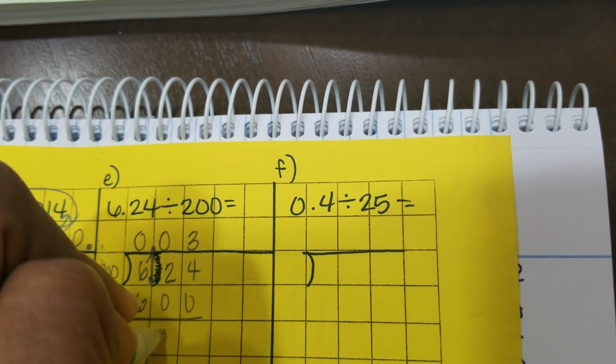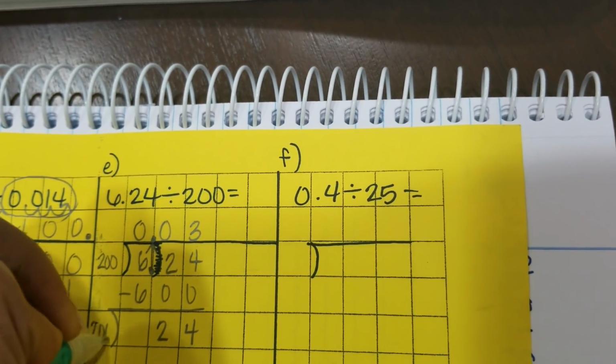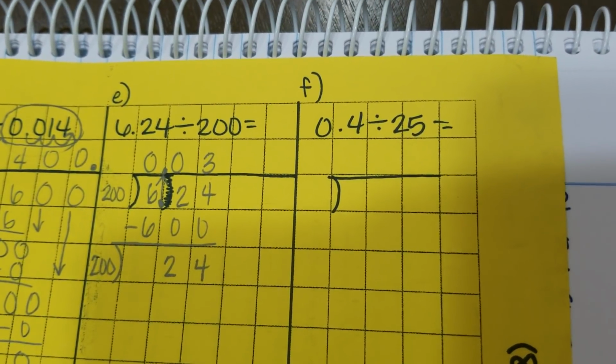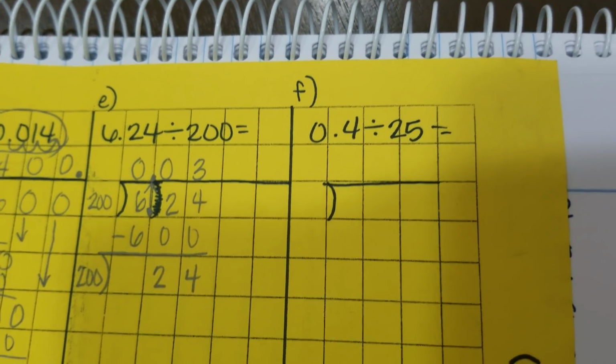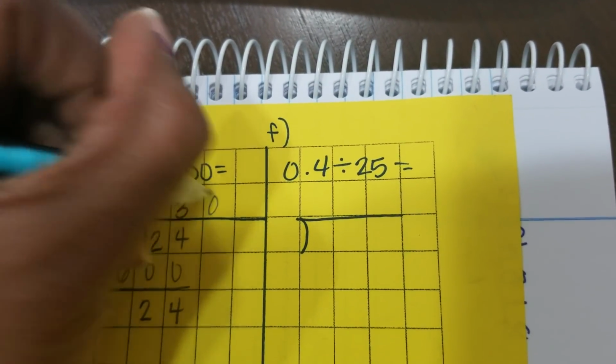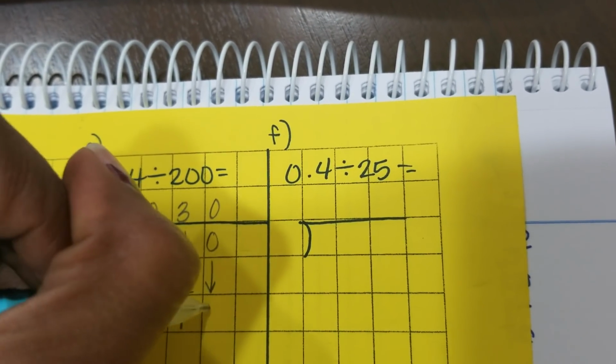We're going to subtract to get 24. And we're going to see how many times can 200 go into 24. Okay, now, if 200 goes into 24, we know that is 0 times. We're going to add a 0 underneath and bring it down.